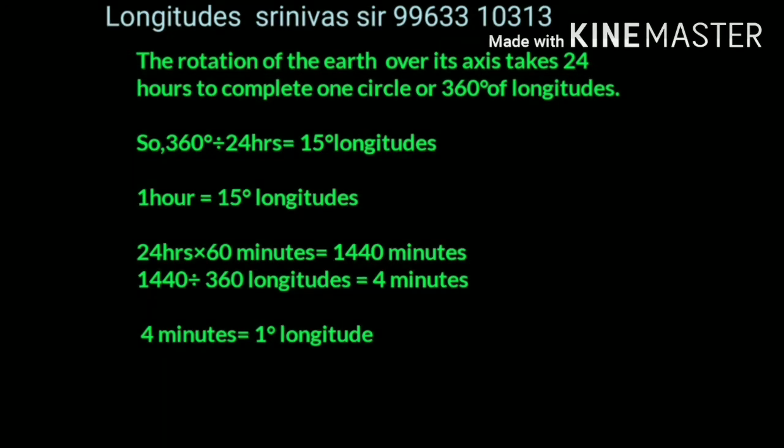To move from one longitude to another longitude, the earth takes 4 minutes. So 24 hours means 1440 minutes. So 1440 minutes divided by 360 longitudes equal to 4 minutes. So the earth takes 4 minutes to cross from one longitude to another longitude.